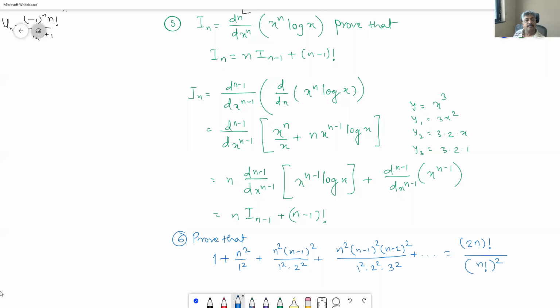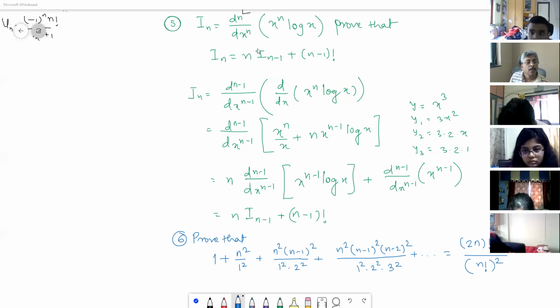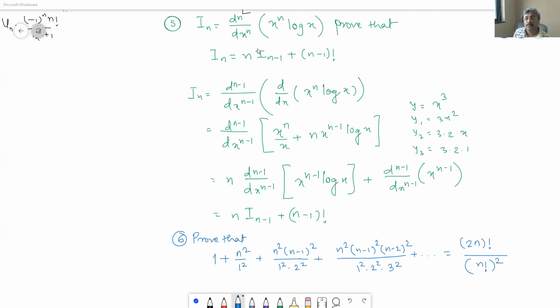Can I enjoy? As I said, when I am giving you this problem at this stage, it has something to do with the nth derivative. So you have to observe LHS, observe RHS, finding the nth derivative of some quantity in two different ways.